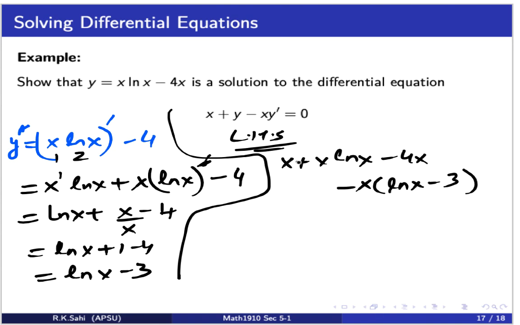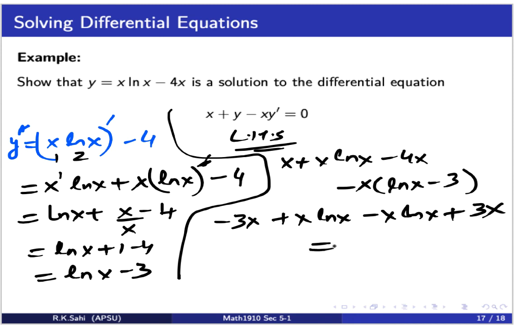Okay, let's solve this one. x natural log of x minus 4x, minus x natural log of x plus 3x. Clearly everything cancels out, so it equals 0, which equals the right-hand side. So when you have to show that this is a solution, you basically plug in and prove that the left-hand side values equal the right-hand side values.